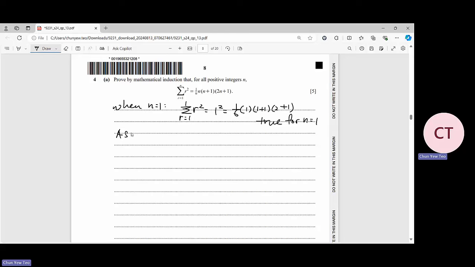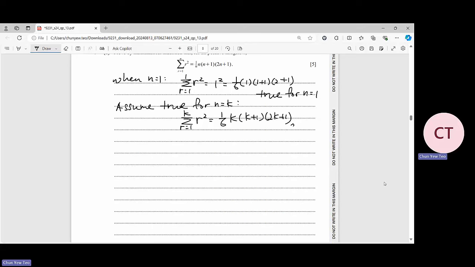Then the second step is assume true for n equal to k, which means that the sum from 1 until k will give you 1 over 6 k (k plus 1)(2k plus 1). These are the first basic two steps.